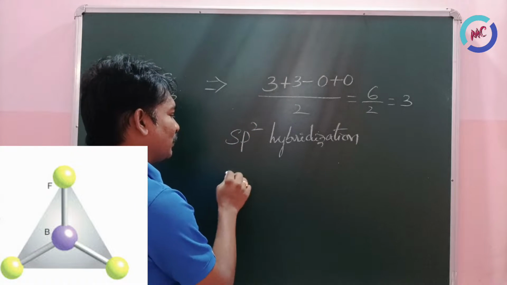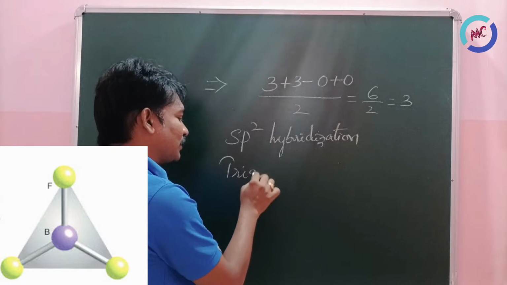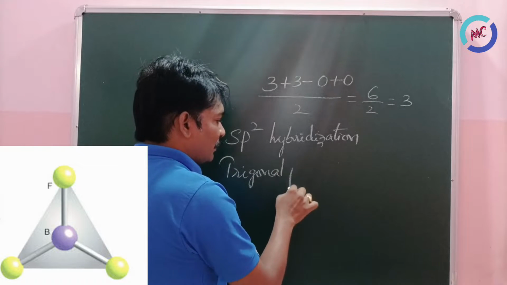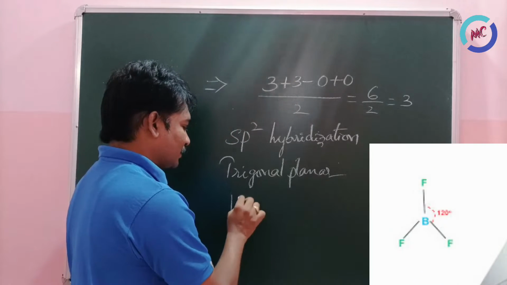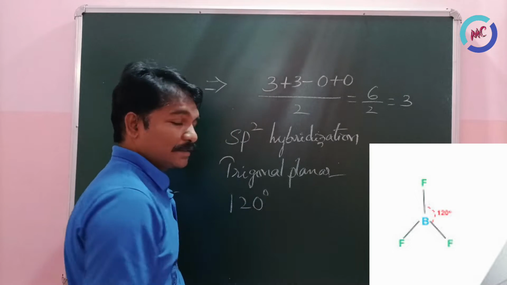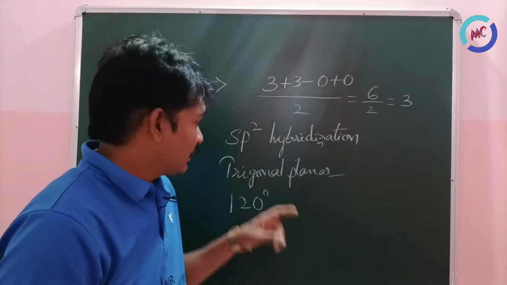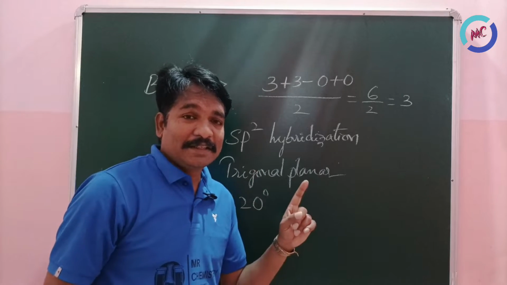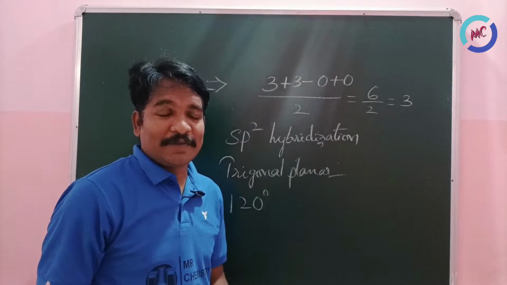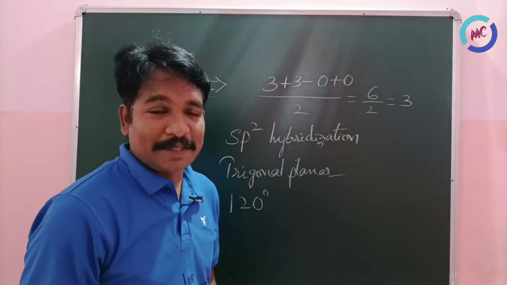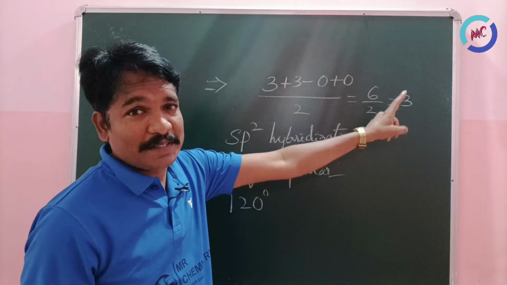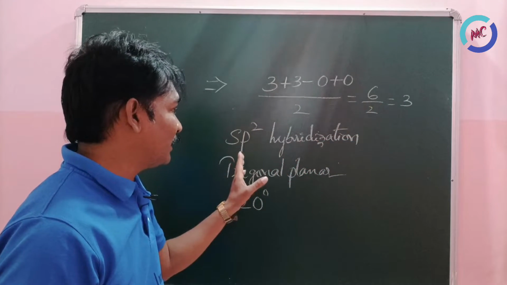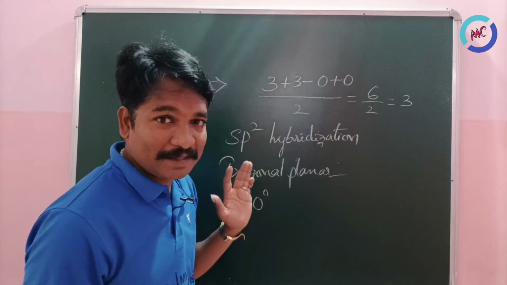The shape of the molecule is trigonal planar, and bond angle is 120 degrees. We will discuss more about these bond angles and shapes in VSEPR theory, valence shell electron pair repulsion theory. Now you just focus on how to find hybridization number, and based on hybridization number, how to find hybridization, shape and bond angle.